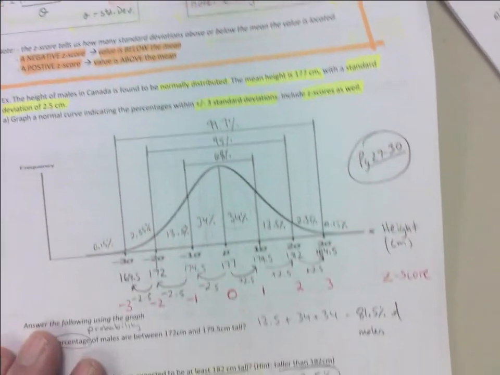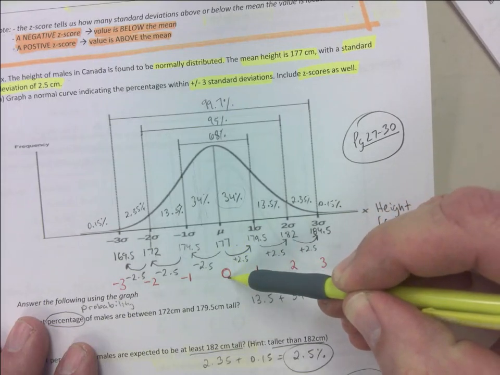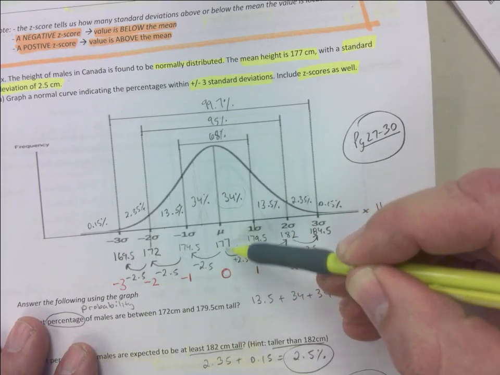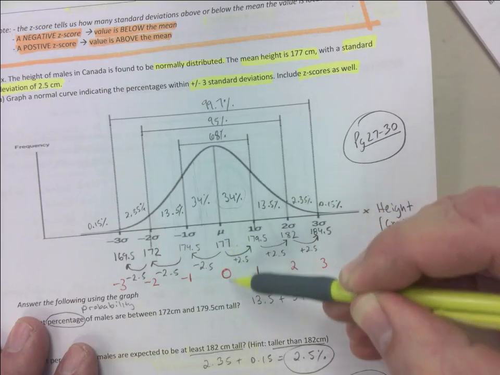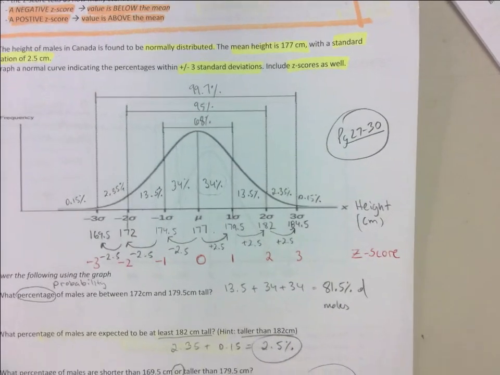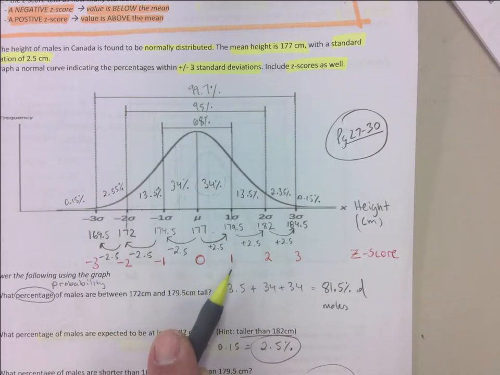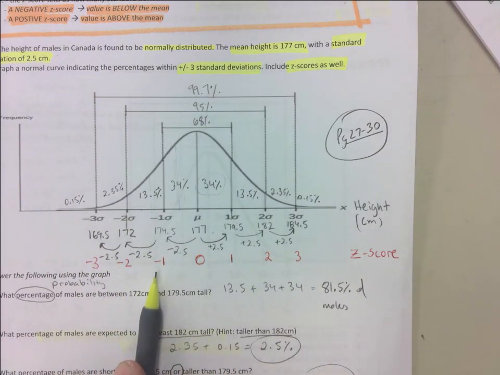And I also talked about that every actual value has a corresponding z-score that goes with it, okay? And that the z-score tells us two things. Whether it's negative or positive, we know that you're either above the mean or below the mean. That's what the sign tells us.